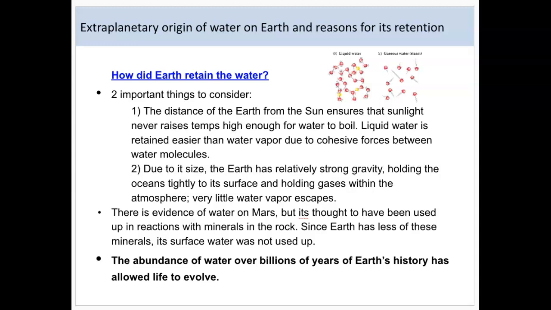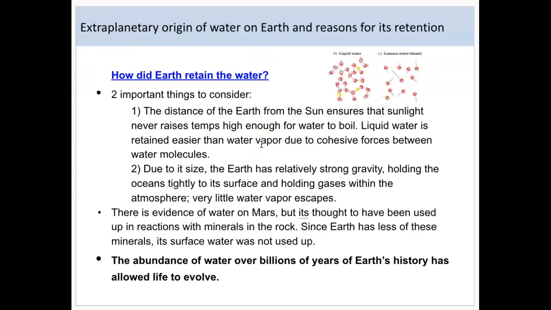Therefore, water remains in a liquid form more often than it remains in a vapor or gas form. It's easier for Earth to retain that liquid water because the cohesive forces or hydrogen bonds between water molecules is strong, and that makes it easier for retention. Water vapor lacks those bonds.